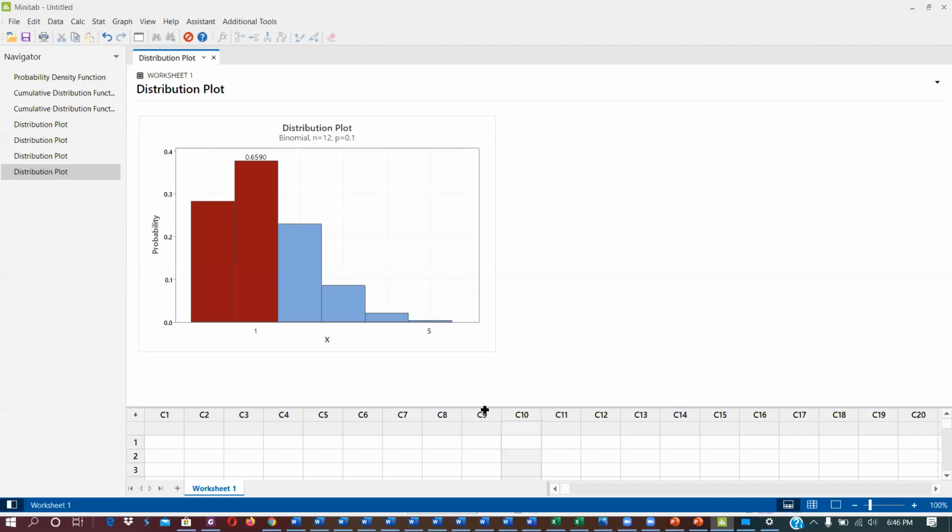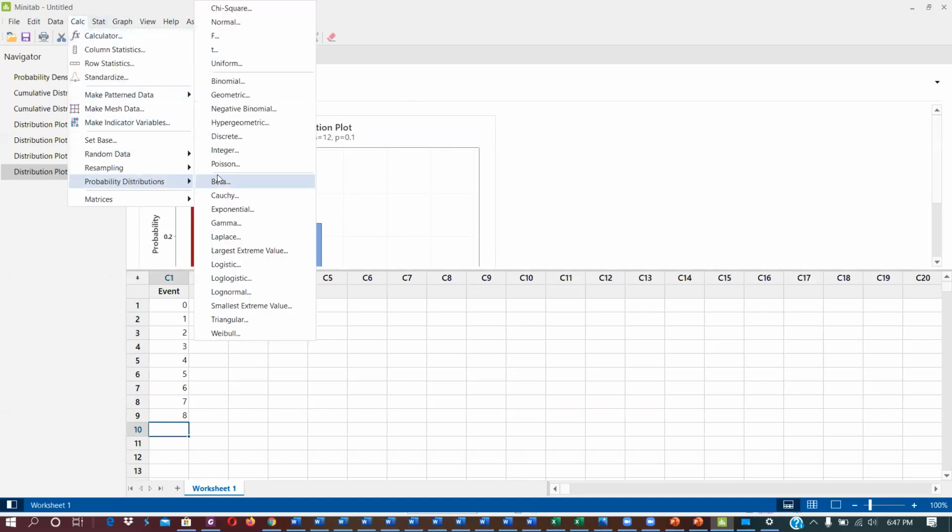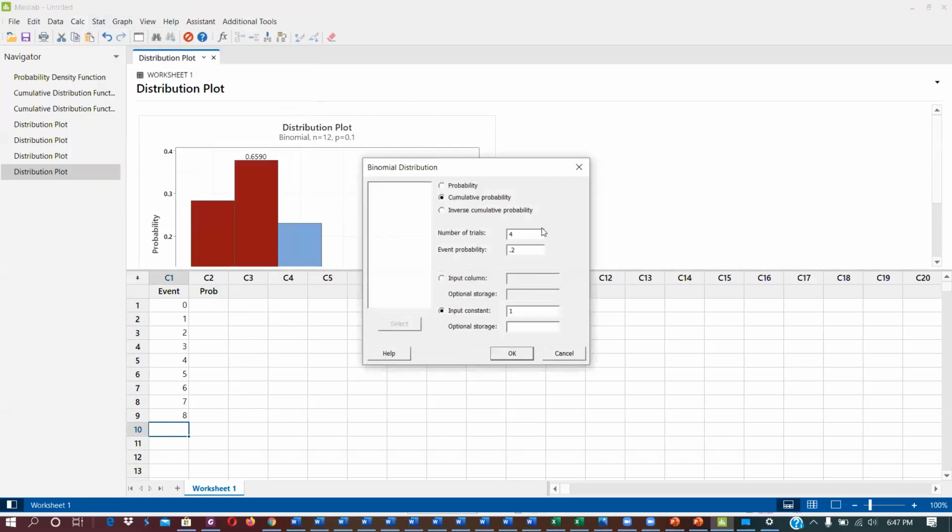So let me do this. I am going to check here the event, and this is the probability. Event 0, 1, 2, 3, 4, 5, 6, 7, 8. Now I'm going to do binomial as well as Poisson distribution for all of them. Calculate probability distribution, binomial.